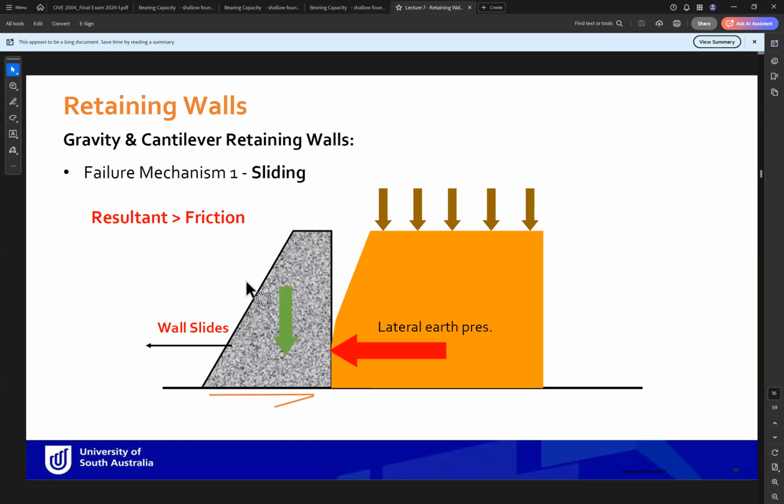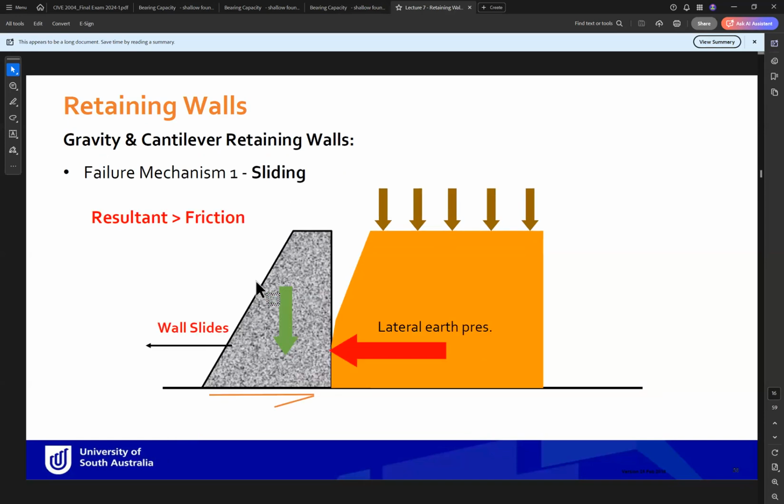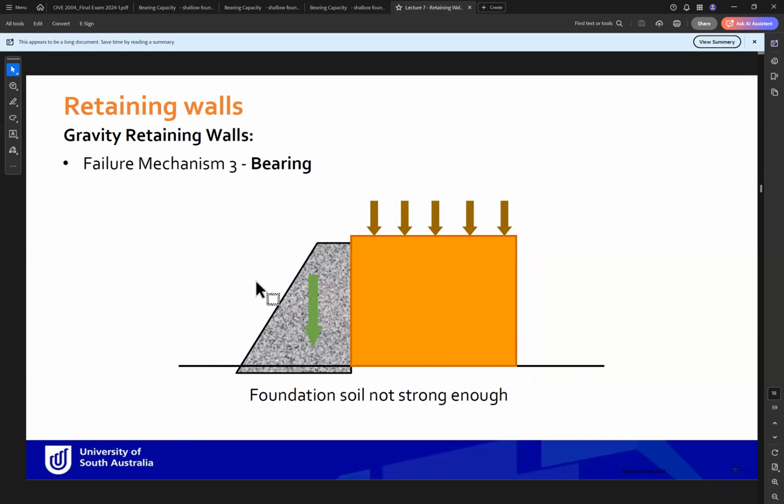Okay? Not just mention 1, 2, 3. So we have sliding, overturning, and bearing. What's the bearing? Bearing means the soil is not strong enough to carry it, so it will settle.